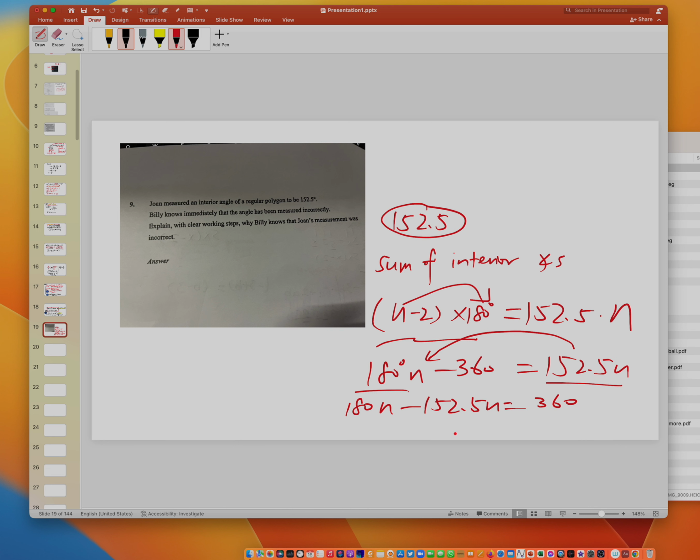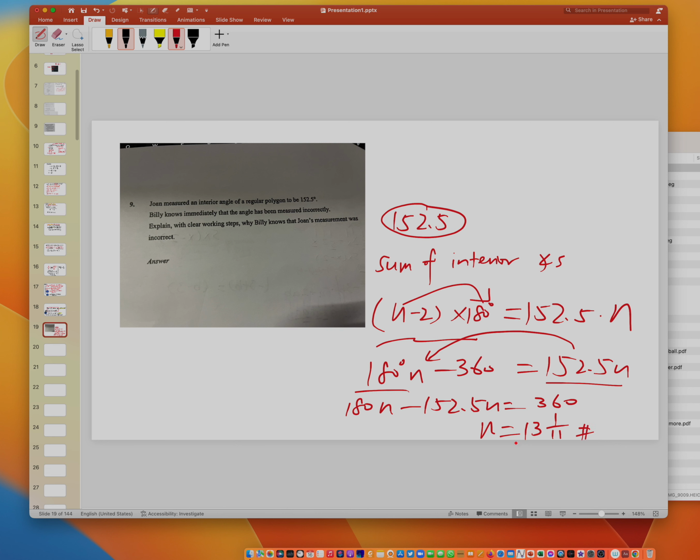What's the answer? Write it in. Okay, good. So n is equal to 13 and 1 over 11, right?